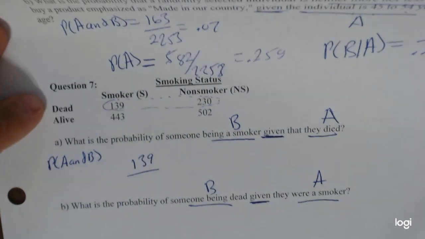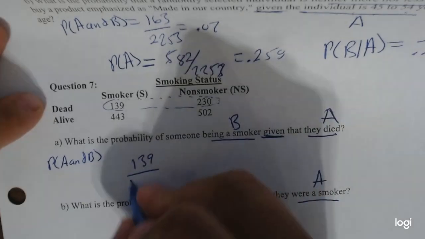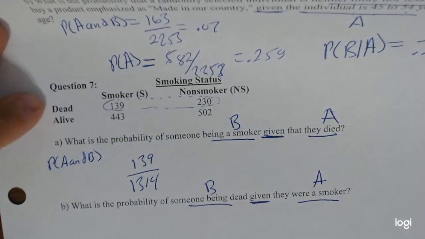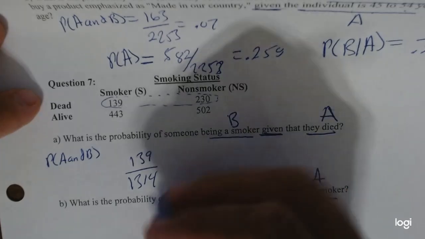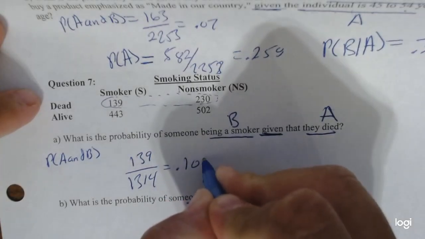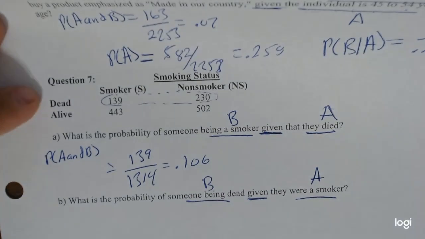So I don't have that total. 1314. There you go. Okay, so 139 divided by 1314 gives you approximately 0.106. So that's the probability of A and B.